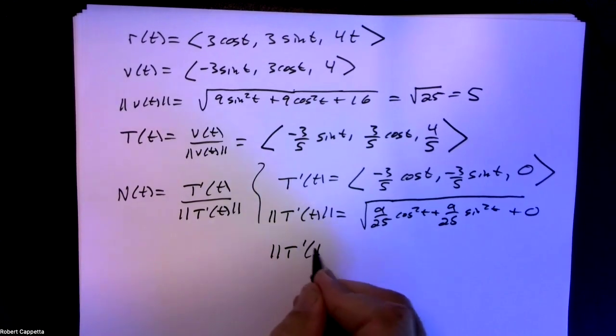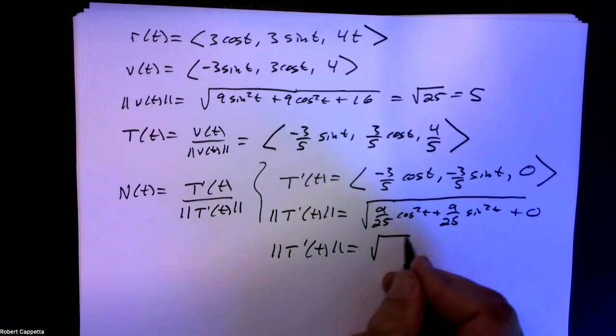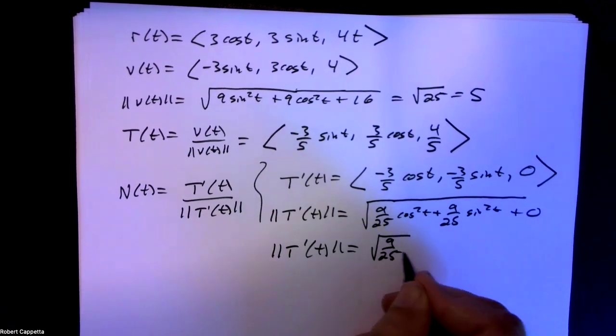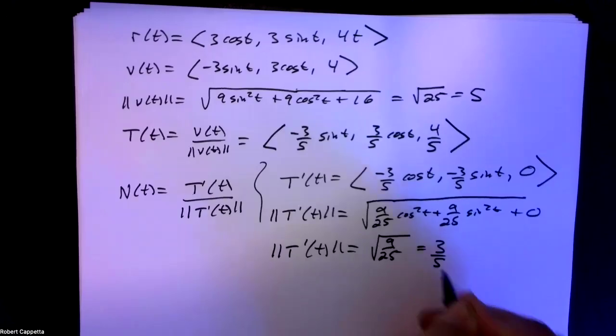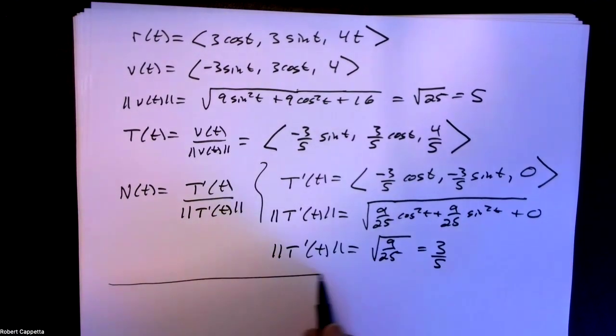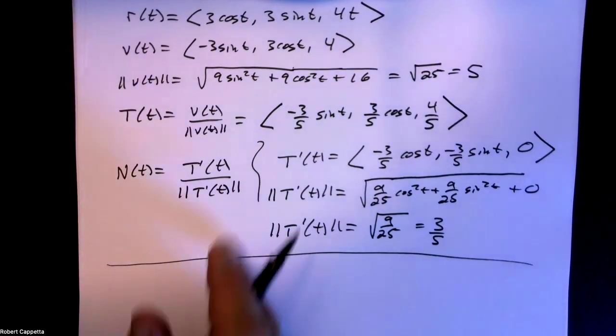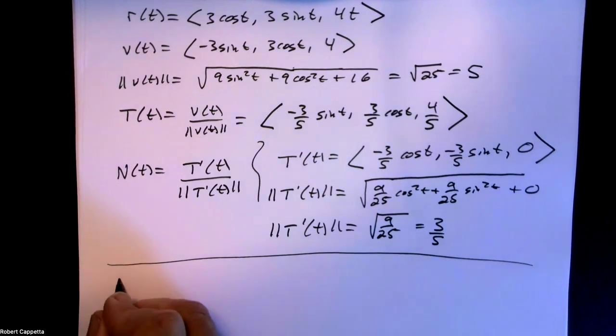So the magnitude of T prime of t is the square root of 9/25, which equals 3/5. So now to get N of t, again, N of t is T prime of t divided by the magnitude of T prime of t.